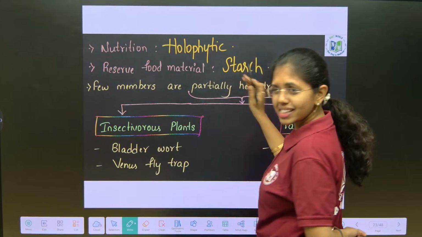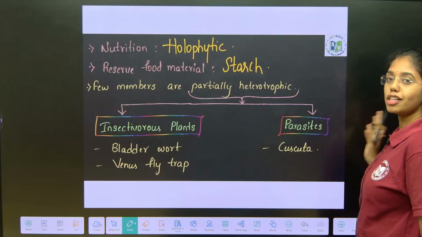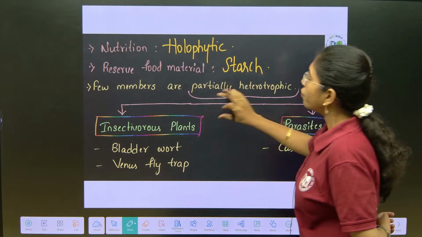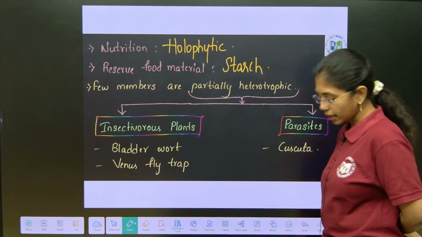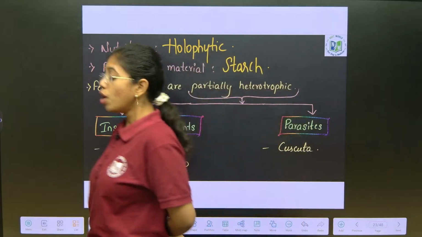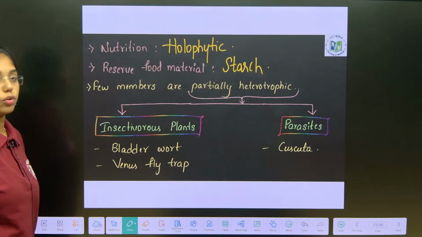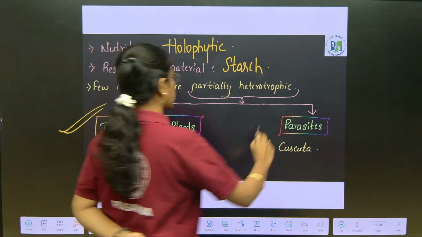These are the basic key points actually, but most of the students make errors in this as well. That is why pay keen attention and look into it, ma. A few of the members in kingdom Plantae are partially heterotrophic rather than being holophytic. They can be insectivorous plants or parasites.